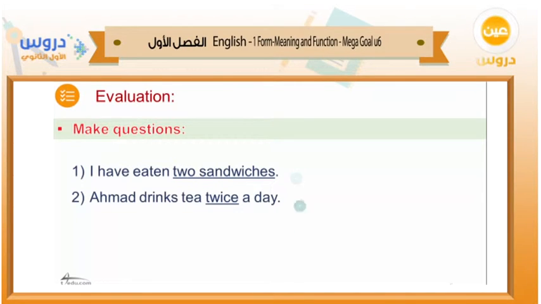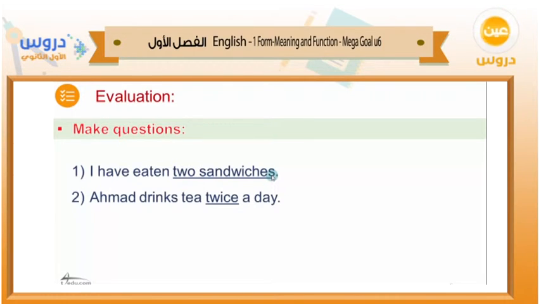Here is an example. If I give you these two sentences: one, I have eaten 2 sandwiches, or Ahmed drinks tea twice a day. So if I ask you to make a question for the first one, I have eaten 2 sandwiches. So this 2 sandwiches, as you can see the S here, it is countable. 2 sandwiches, 3 sandwiches, 10 sandwiches.